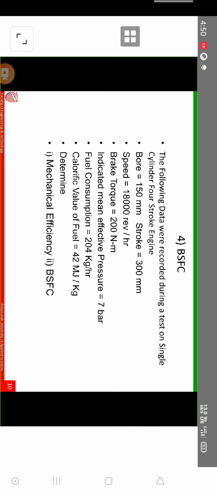How did I get this 300? N is directly given. See, 18,000 divided by 3,600. If you do this, what is the value you are getting? Can somebody calculate?